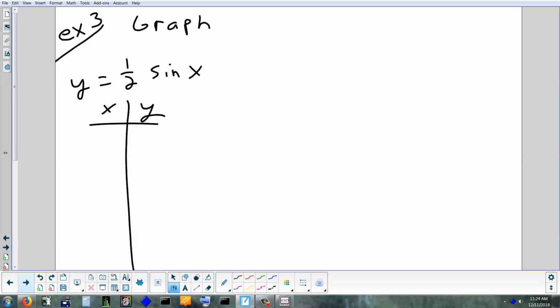Right. So Justin, which values are going to stay the same this time? The y values, the x values. The x value. What kind, Gabe? What kind of transformation is this again? Is it a phase shift, vertical shift?